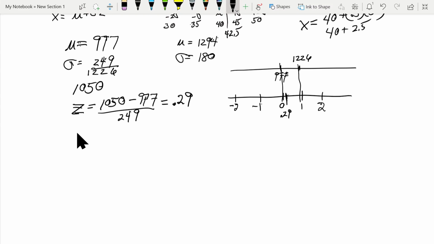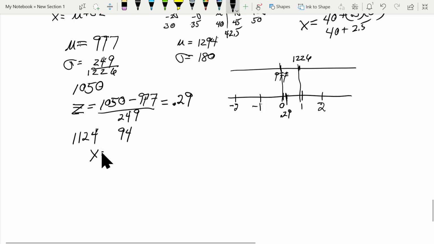The national average was 1124, and the standard deviation was 94. I want to know where this 0.29 is, where this score of 1050 out of DC is in relation to the national average.